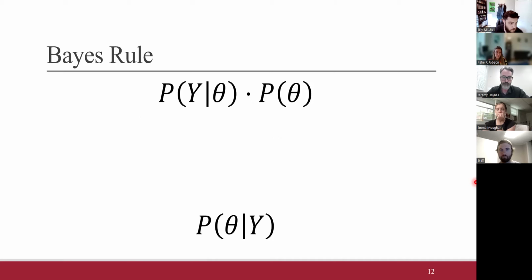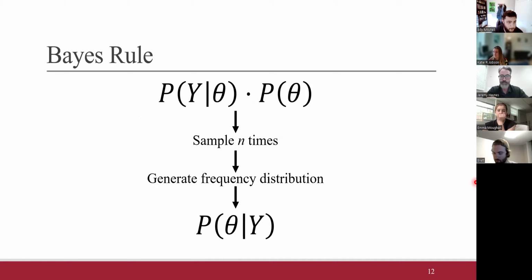Okay, so here I have my little graphic, joint distribution at the top. We're trying to get to that posterior. One way to get the joint distribution to integrate to 1 is to sample from the joint distribution some number of times that we specify, that we know. This allows us to generate a frequency distribution, and we can generalize that frequency distribution to a probability distribution.